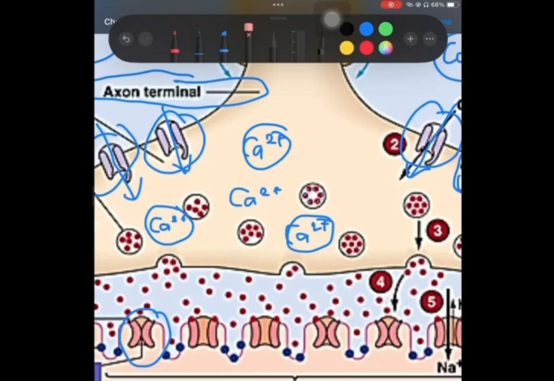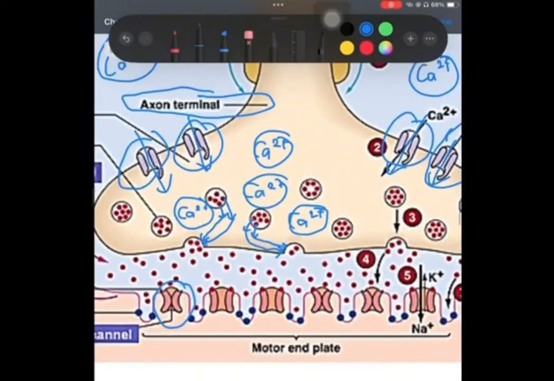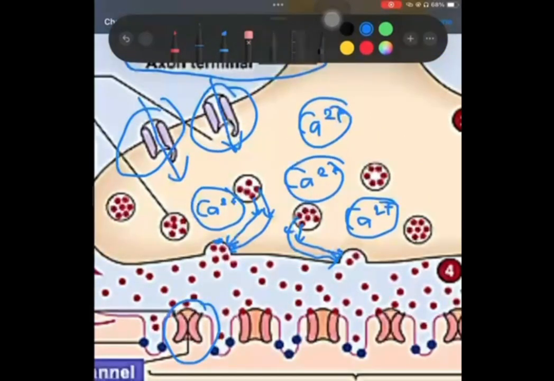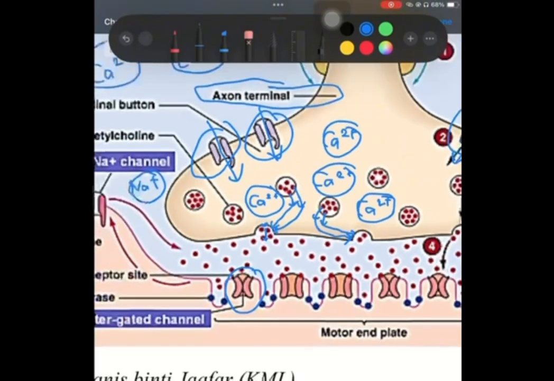The influx of calcium ions causes this to move up and fuse with the presynaptic membrane, which is here. On fusing, they will release the acetylcholine into the synaptic cleft, which is here.